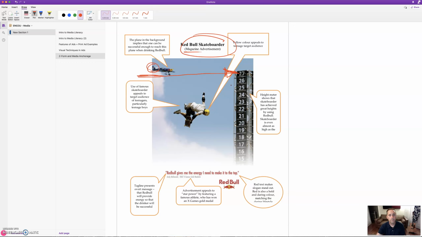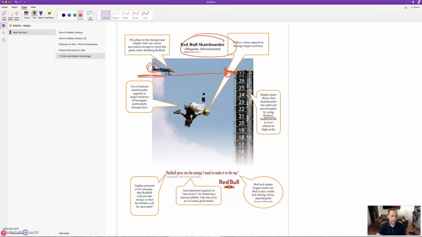Do we see that? Leading right to this height number board. So the height meter shows the skateboarder has achieved great heights by using Red Bull, supposedly. Skateboarder is even almost as high as the plane.